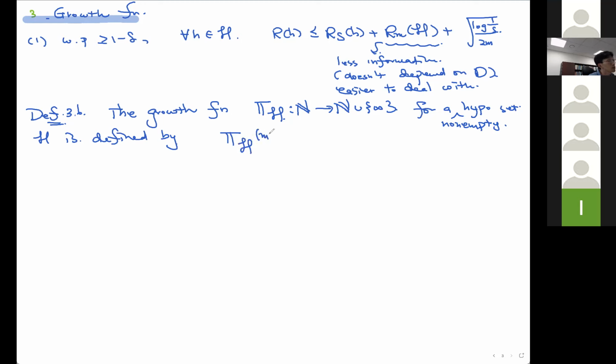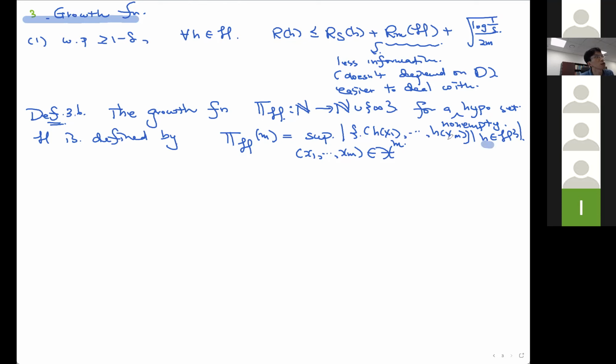The growth function of H, if we take the integer m, is the supremum over x1 to xm in the inputs, of the cardinality of the set H of x1 to H of xm, so the input for which this gets maximized. Intuitively, we can pick any input, and for that input we apply H to all those inputs.